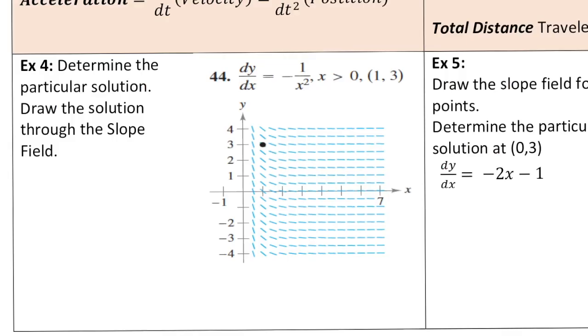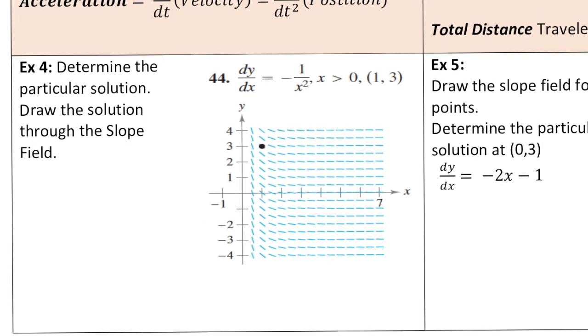So just a couple of reminders about slope fields. The slope fields work very well with integration. We're going to find a particular solution first, separating our variables. dy equals negative x to the negative 2 dx. Integrate both of our terms.